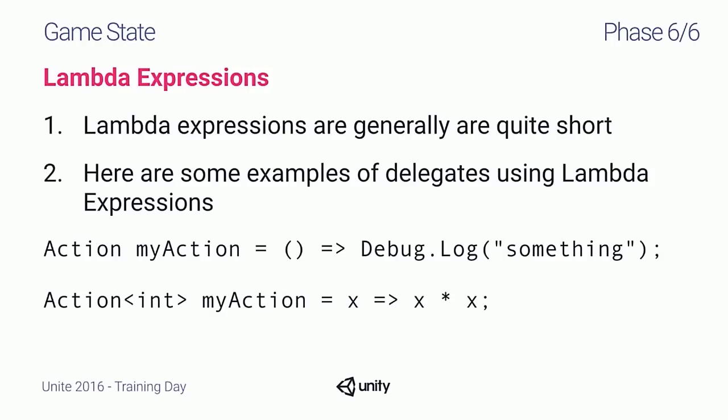Below that, we've got an action of type integer, which we're calling my action, and that is going to be equal to a Lambda expression where we're using x, and the expression in which we're using x is x multiplied by x. So in this case, x is being typed by the action that it's assigned to.